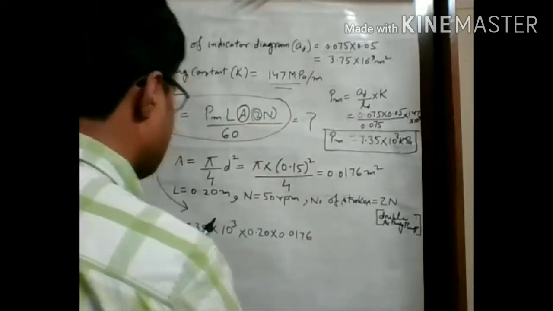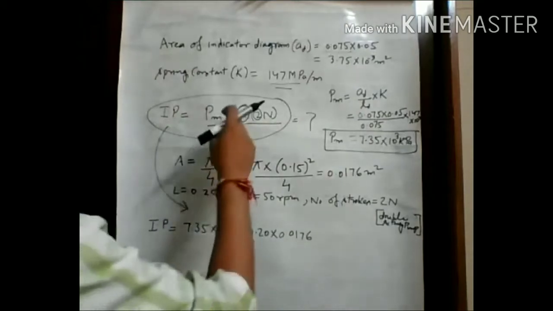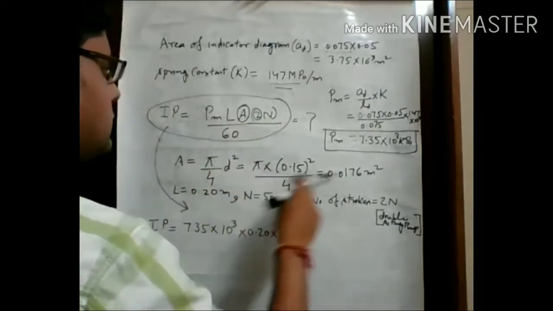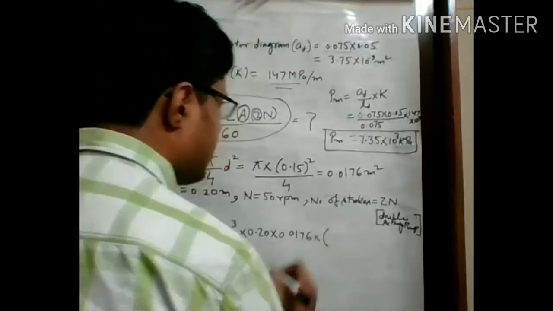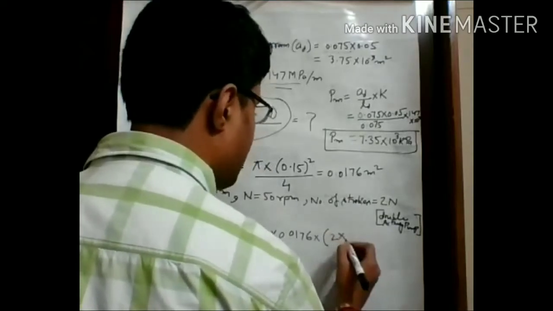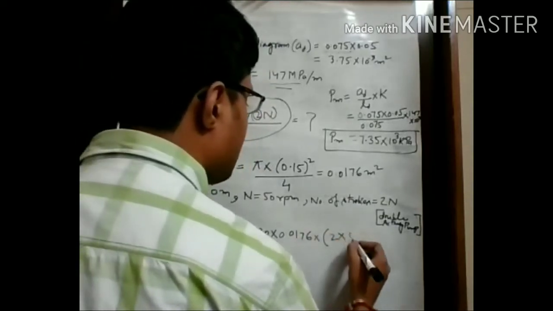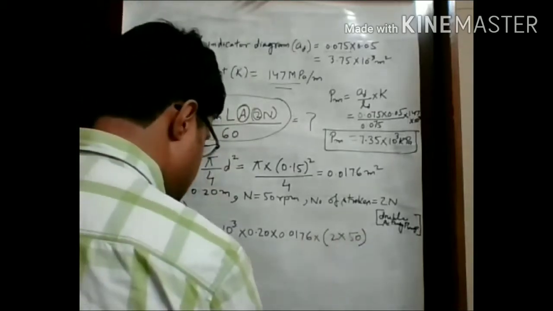So 7.35 is the PM value, length of stroke is L, area of piston is 0.075, multiplied by RPM. Since we are using a double acting pump, we have to multiply the RPM value with 2, divided by 60.